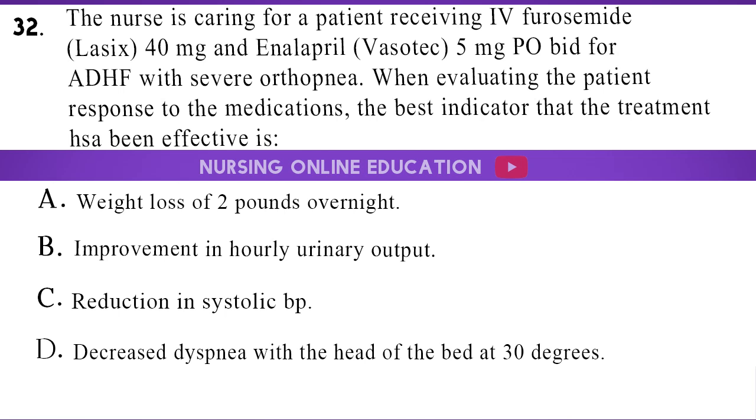C. Reduction in systolic BP. D. Decreased dyspnea with the head of the bed at 30 degrees. The answer is option D. Decreased dyspnea with the head of the bed at 30 degrees.